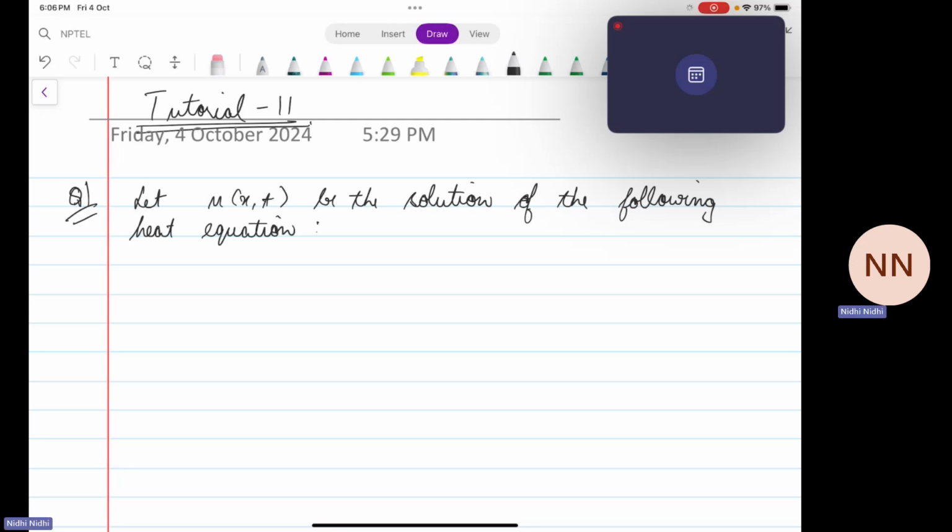We all know that the heat equation is given by c times u_xx equal to u_t. Here we'll be taking c to be 1, where this c actually depends on the conductivity of the material.